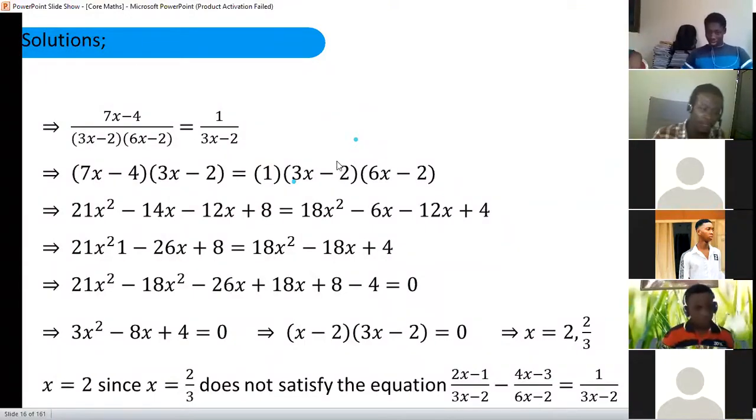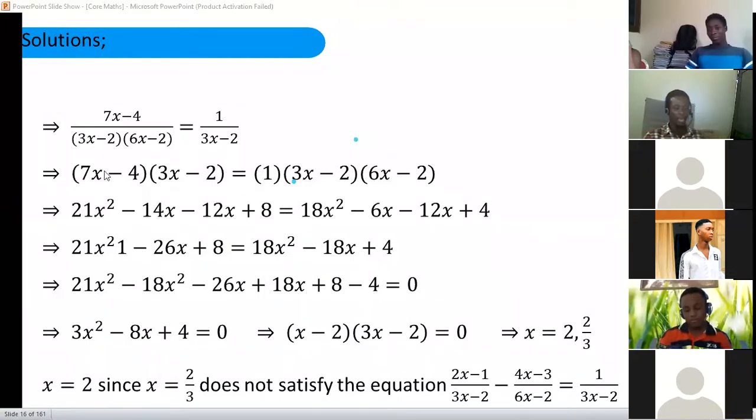Okay, let's proceed. So when we cross multiply, that will give us 7x minus 4 into brackets times 3x minus 2, another bracket, is equal to 1 times 3x minus 2, bracket open and close, another open bracket, 6x minus 2, bracket closed.